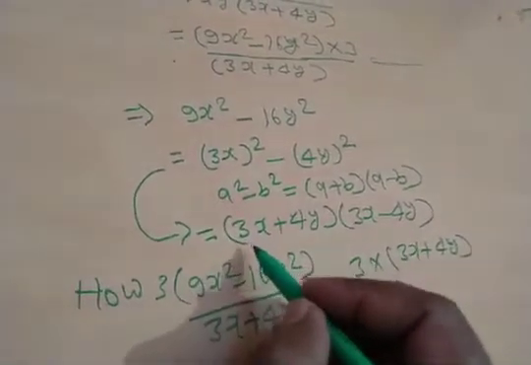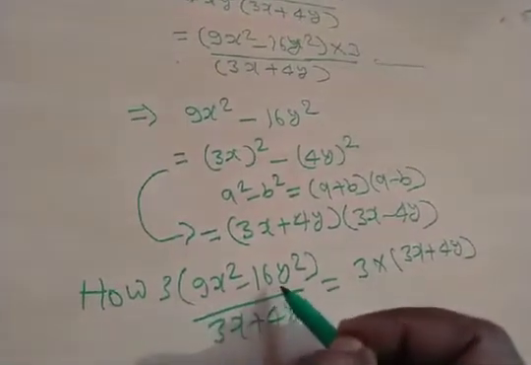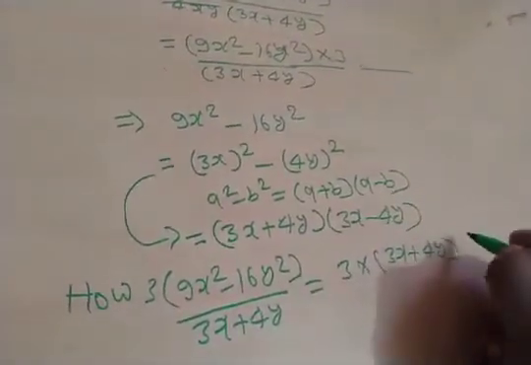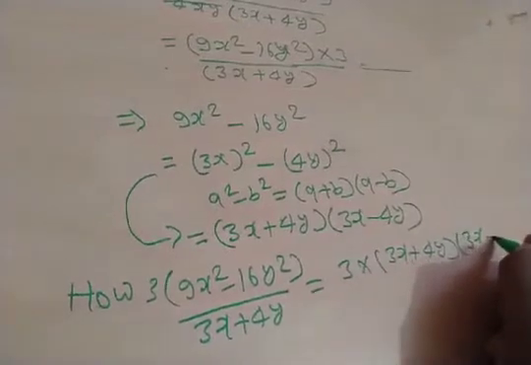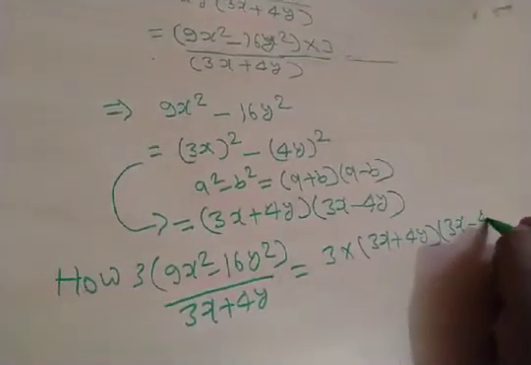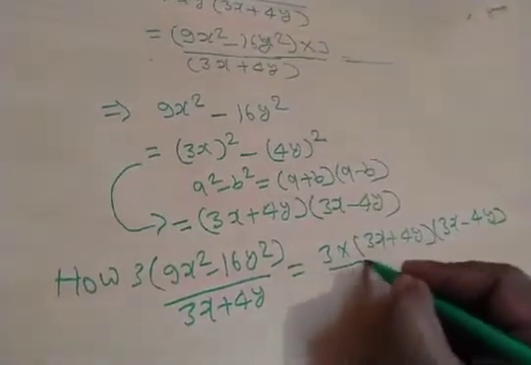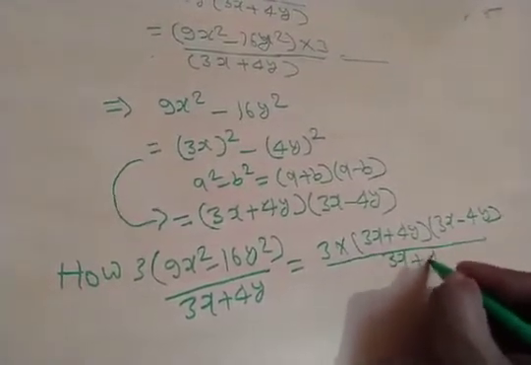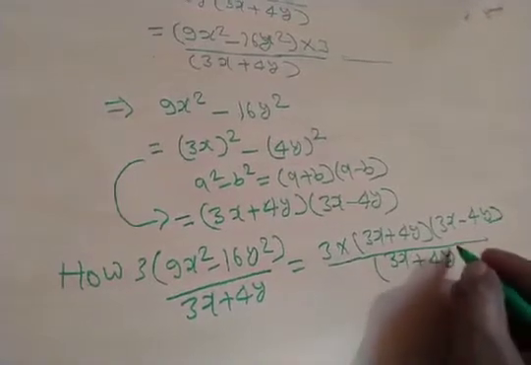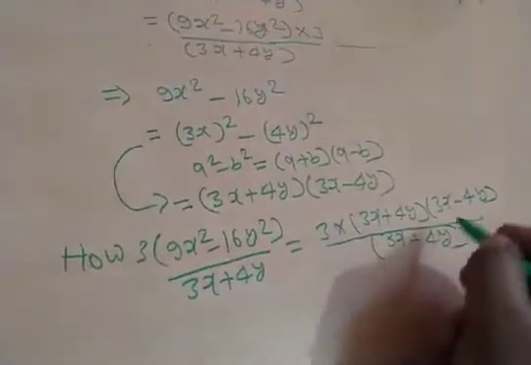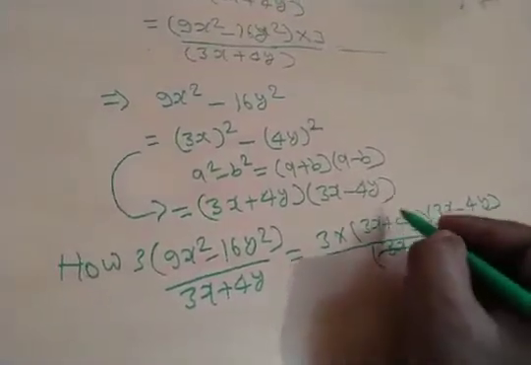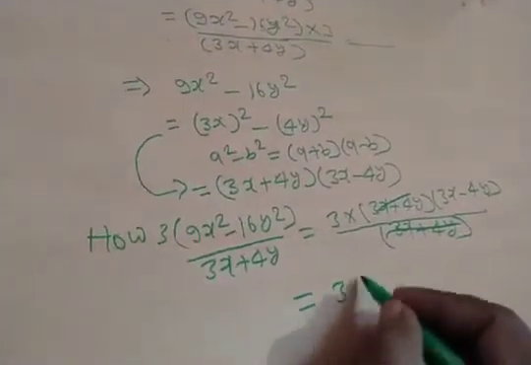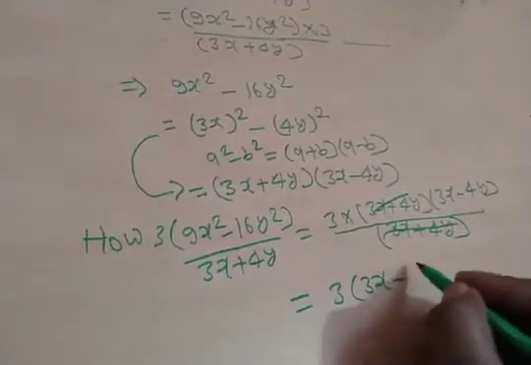We place the value: 9x square minus 16y square is (3x plus 4y) and (3x minus 4y). Okay, so we obtained here 3x plus 4y in both places. Clear? So 3x plus 4y cancels. So we obtained here 3 into 3x minus 4y.